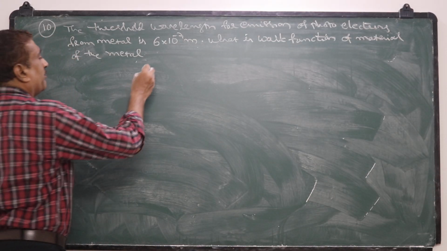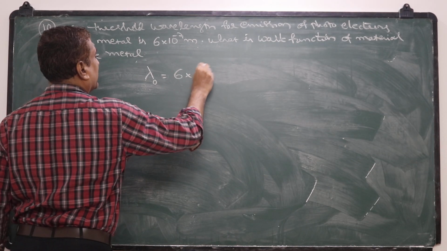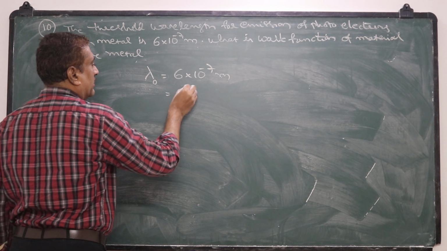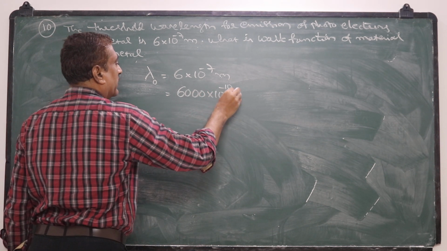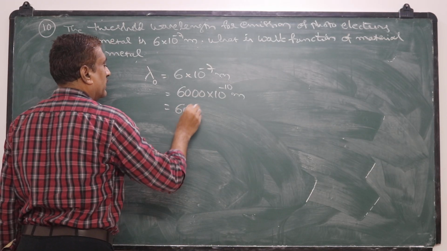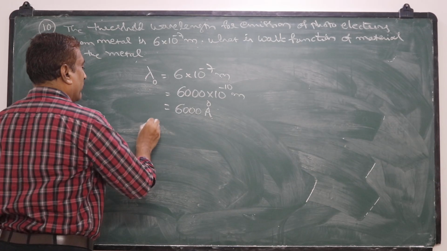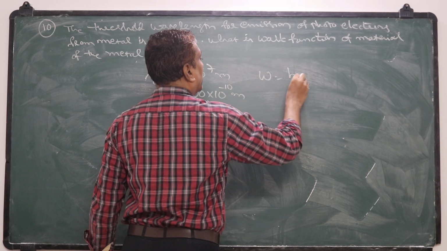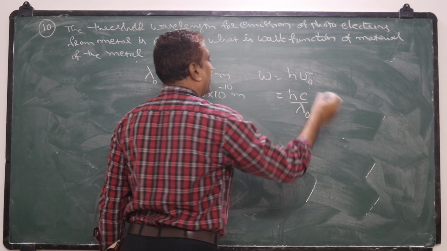So given threshold wavelength lambda naught as 6 into 10 power minus 7 meter. So write it in Angstrom, that is 6000 into 10 power minus 10 meter, that is 6000 Angstrom. Okay. Now we have to find the work function. So work function is equal to h nu naught, that is hc by lambda naught.